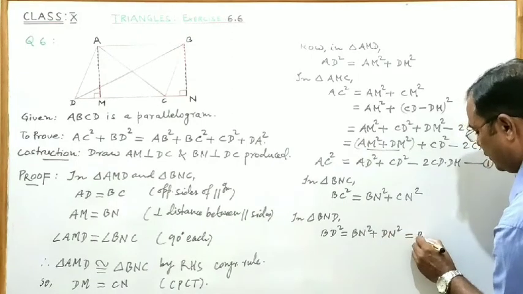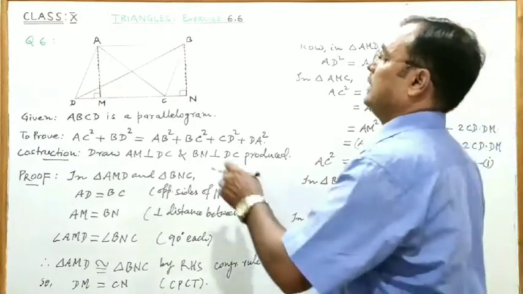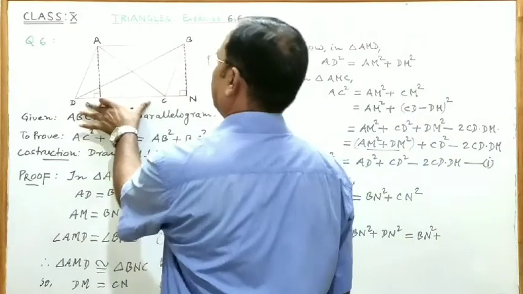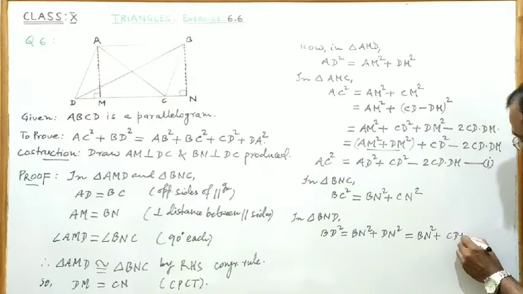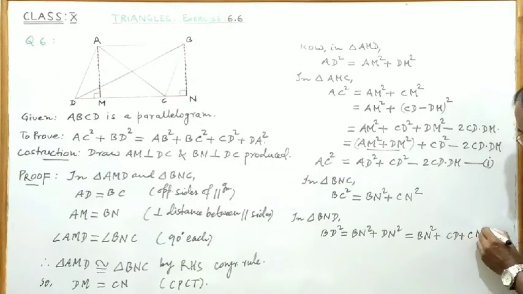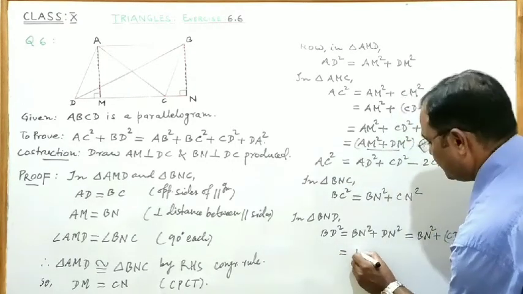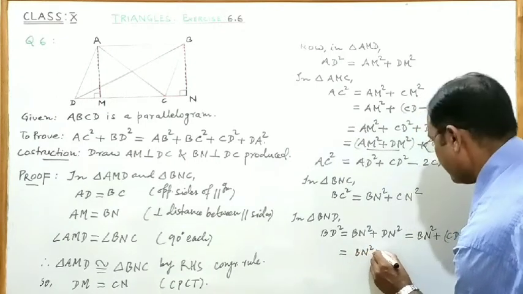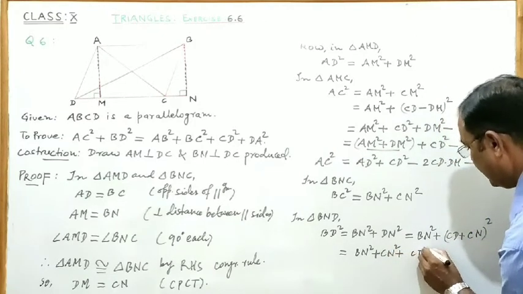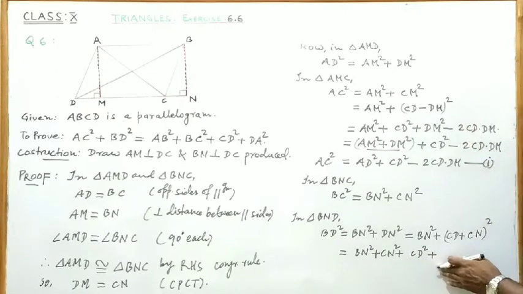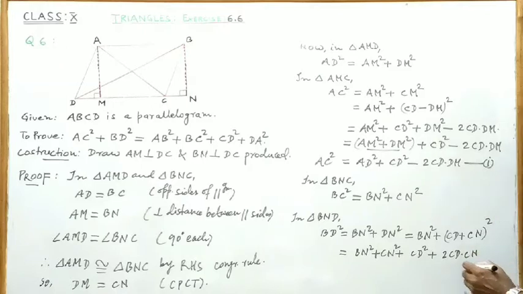This is equal to BN square plus DN, which can be written as CD plus CN, whole square. This is equal to BN square plus CN square plus CD square plus 2CD into CN.